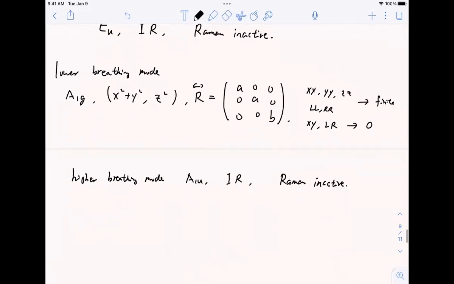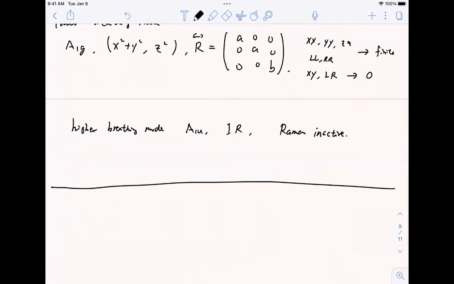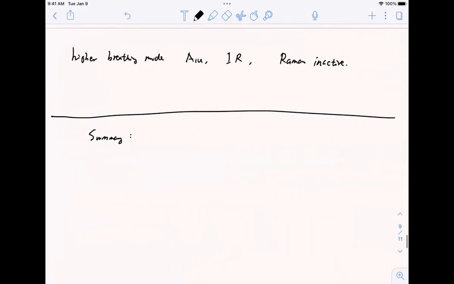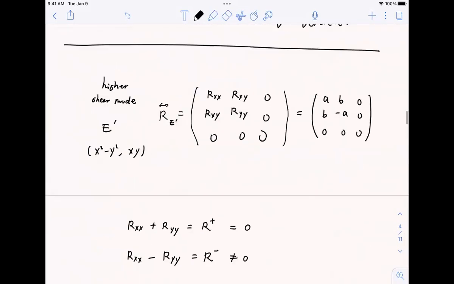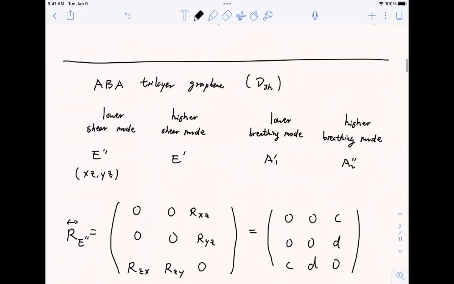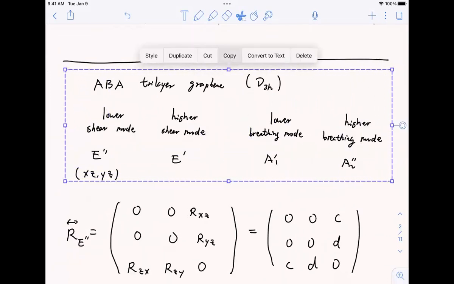We're done. Okay, so you can write a summary. How can I write it? Okay, ABA. I think I have something like that before. Let me just copy.